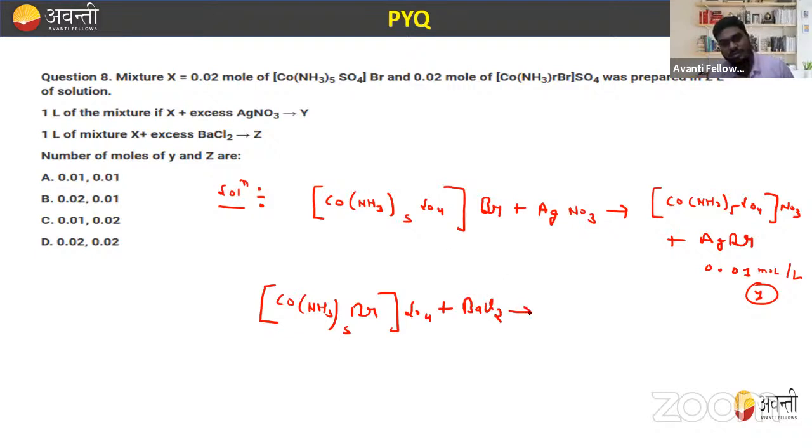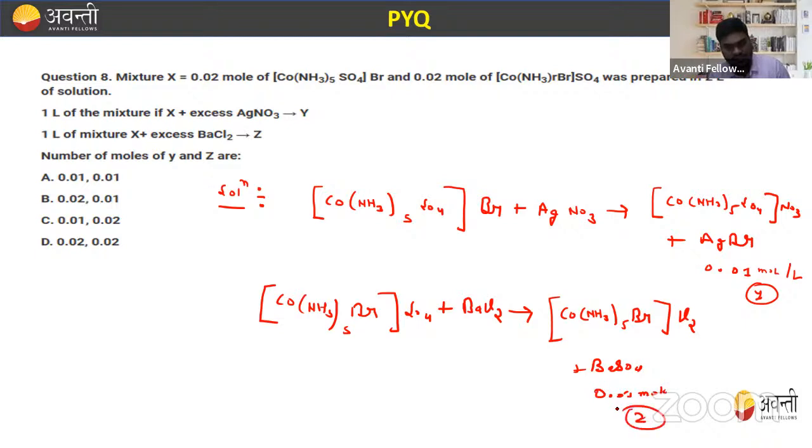It produces [Co(NH3)5Br]Cl2 plus BaSO4. So 0.01 mole, and this is equal to Z.